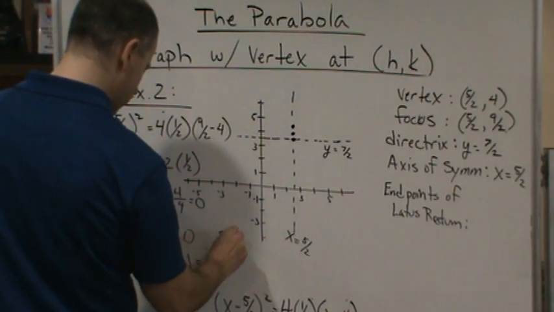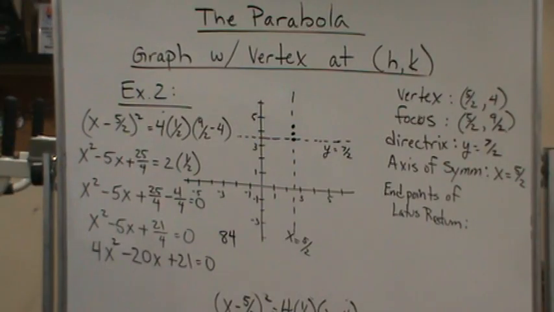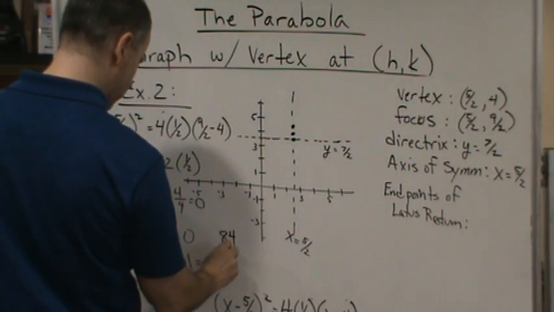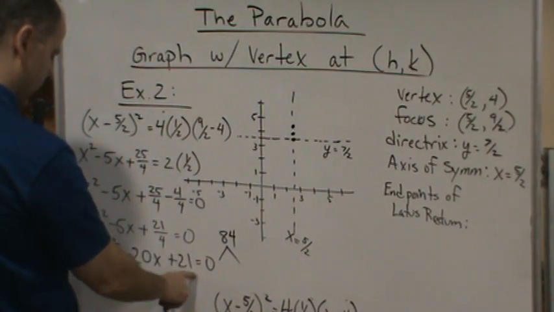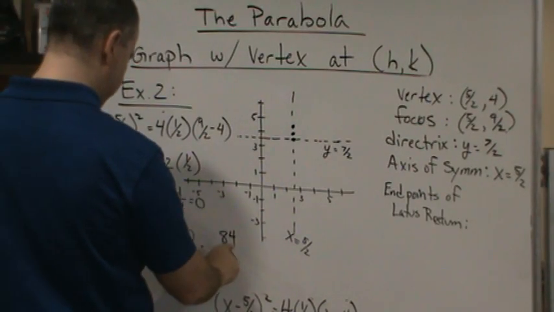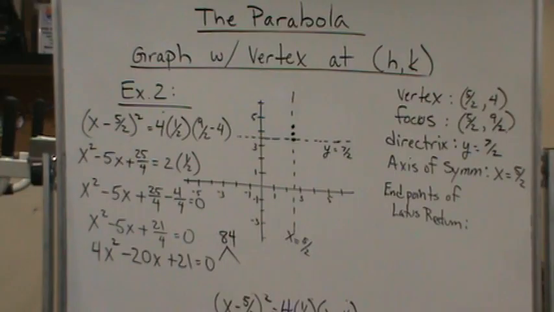So I want 2 factors of 84 that will add to 20. They both have to be the same sign because this is positive, and both negative since this is negative. So 2 negative factors of 84 that add to 20.